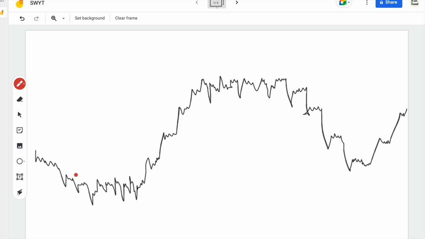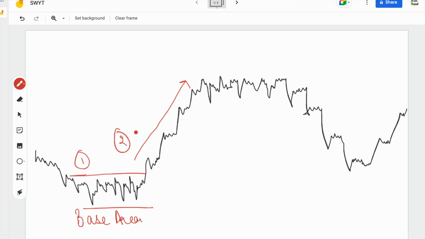Let me divide the chart in 4 areas. This was the area number 1, called the stage 1, which we also know as a base area. Then he said that there is one more phase in the market, stage 2, which is known as the advancing phase of the market, when the market is going up.